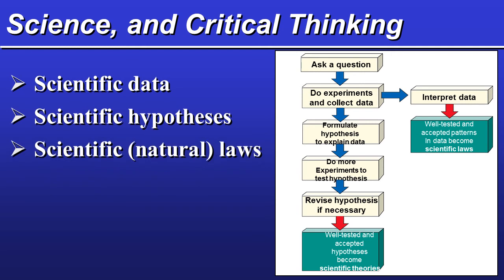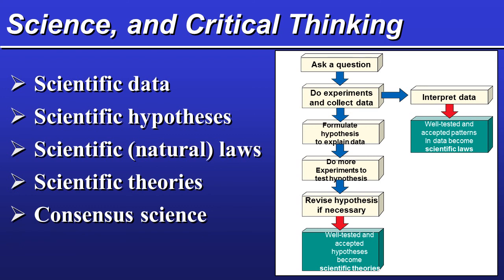A scientific natural law is a description of what we find happening in nature over and over in the same way. A scientific theory is a verified, highly reliable, and widely accepted scientific hypothesis.